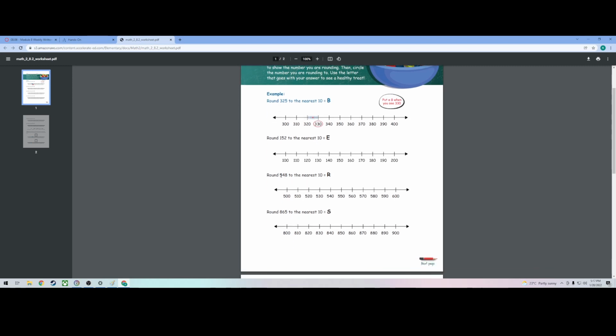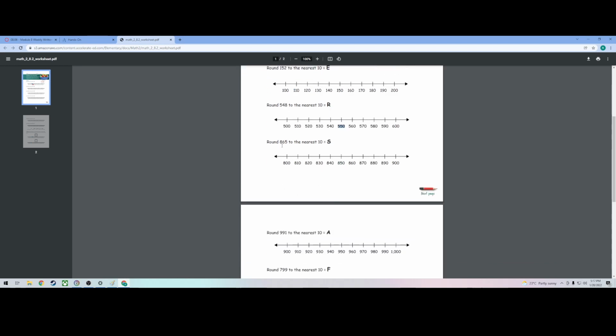Now, 548. Rounding it to the nearest 10. Where is 548? It comes between 540 and 550. It's here. So where is the nearest 10? 550.